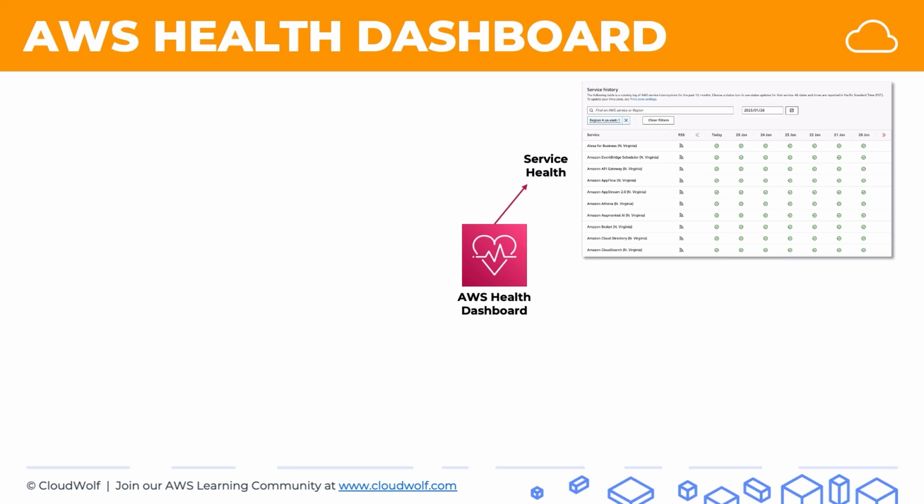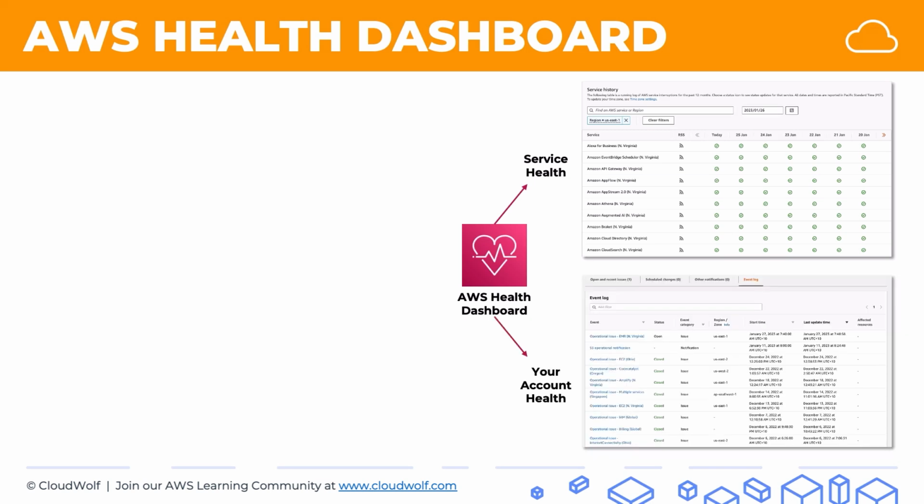And the second part of the Health Dashboard is your account health. Previously it was called the Personal Health Dashboard or PHD. And this service provides personalized information about availability and performance of AWS resources specific to your account. So anything that might be specifically impacting you will be visible here.